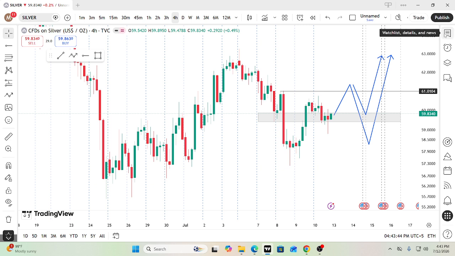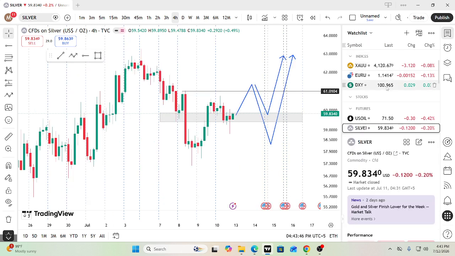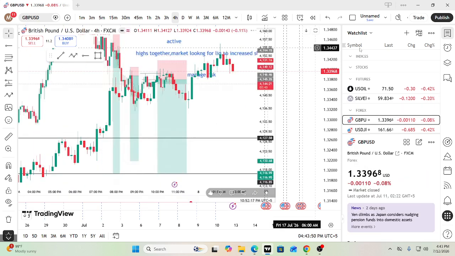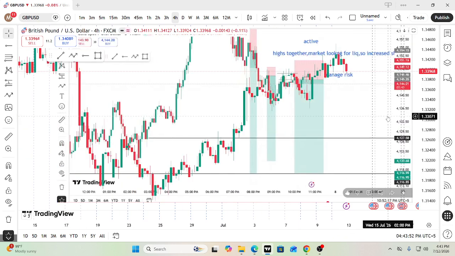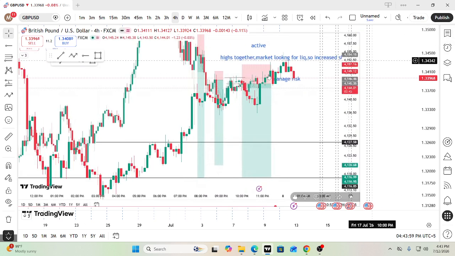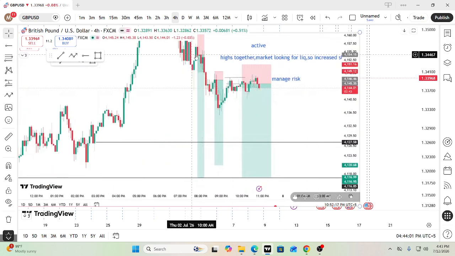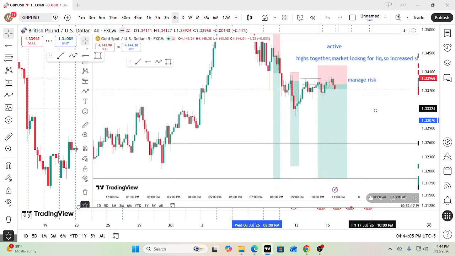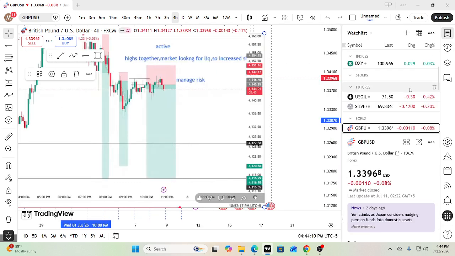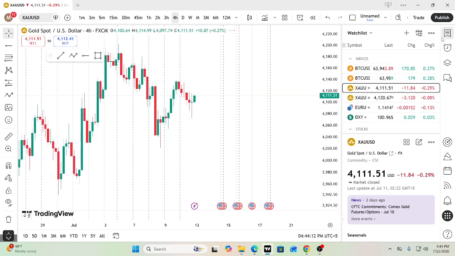Now we move to the previous week's live trading result. I have a screenshot of what we had in the previous week. When gold was at 4154, now I move to the live chart.